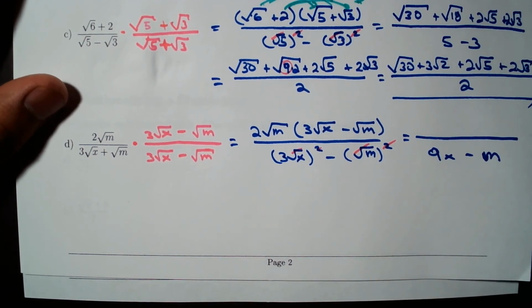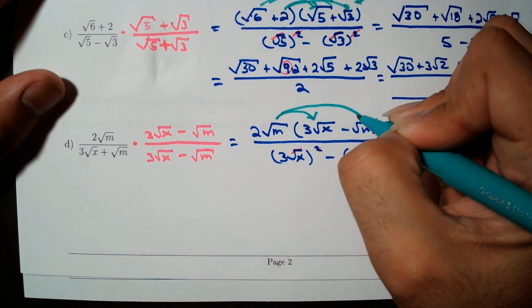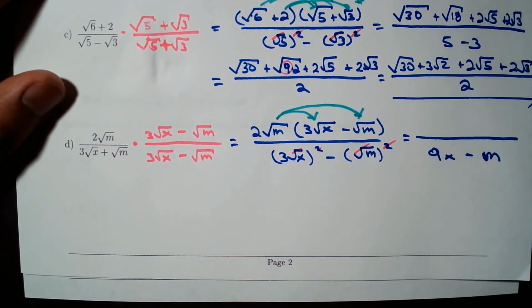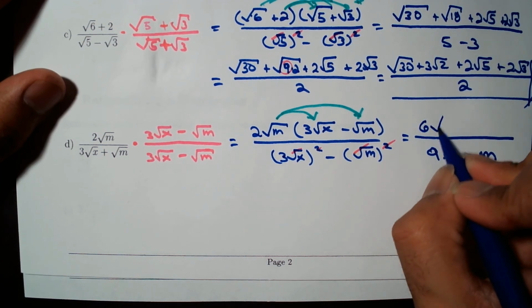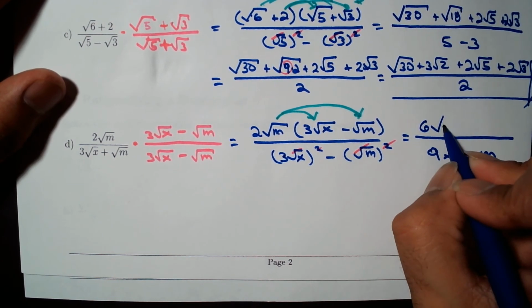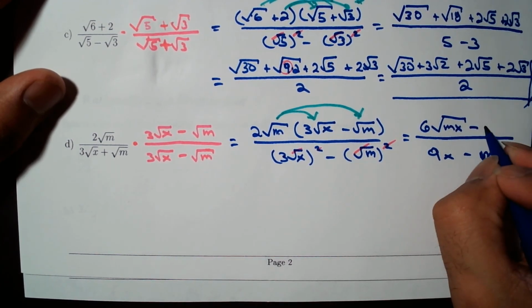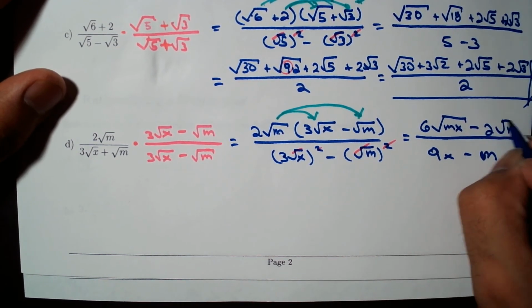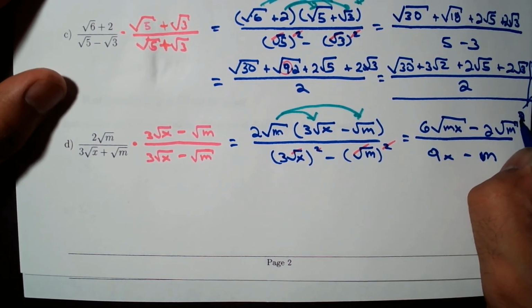And in the numerator, what we do is distribute. That's going to be 2 times 3, which is 6, square root of the quantities m and x, which is mx. And then minus 2 square root of m, but in this case, because it's by itself, square this guy.